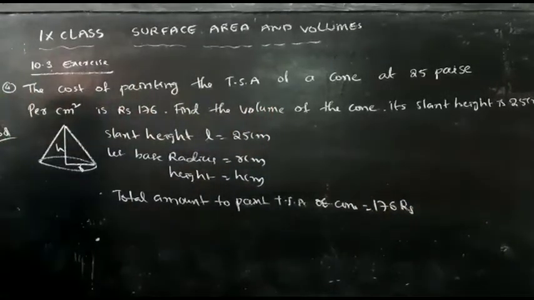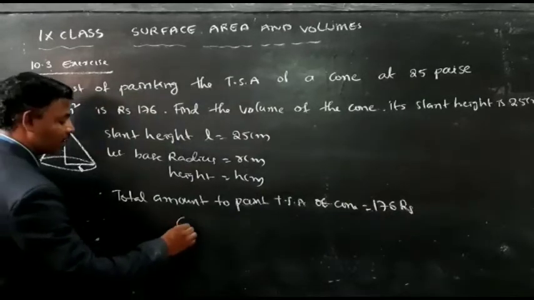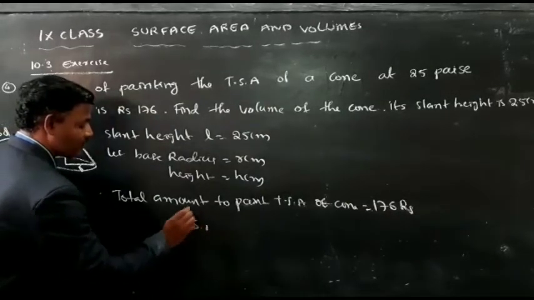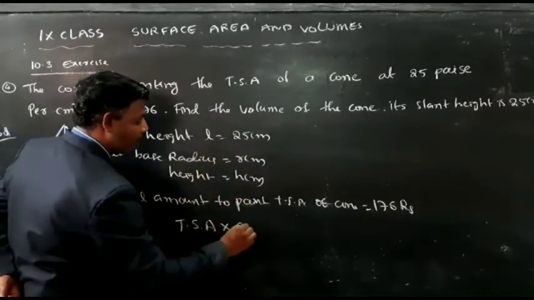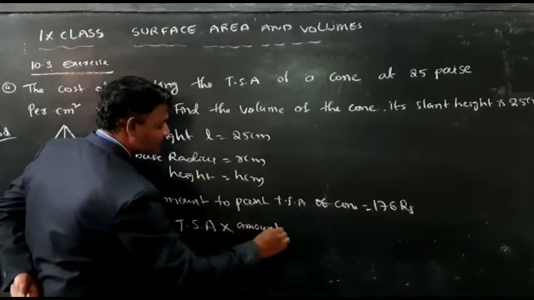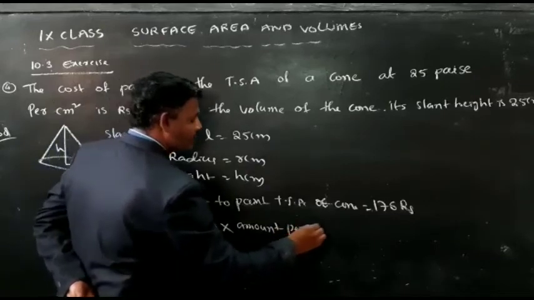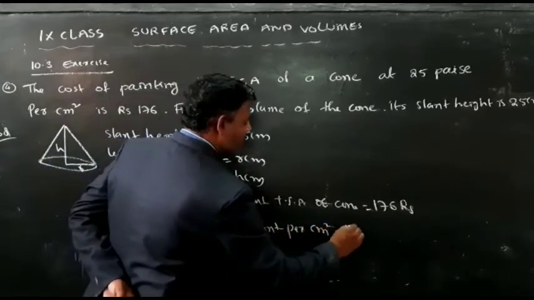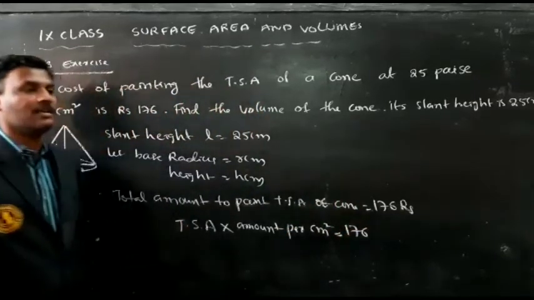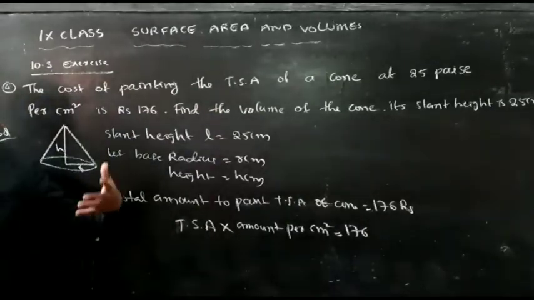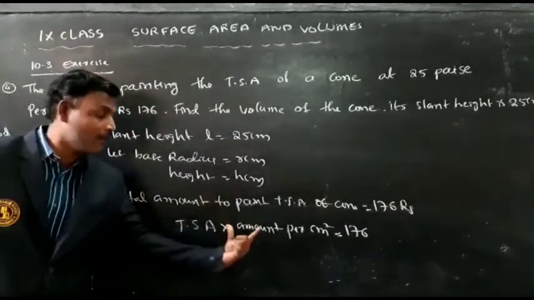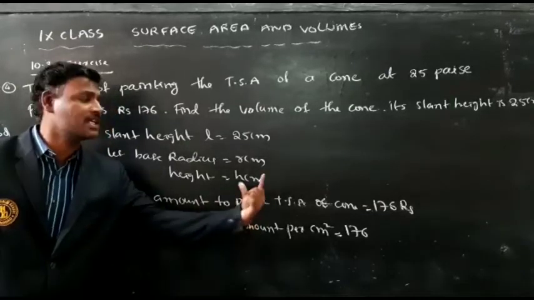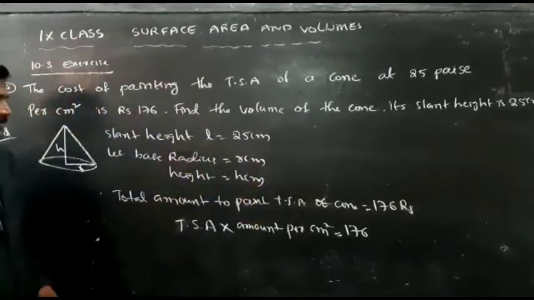The total amount is nothing but the total surface area of the cone into the amount per centimeter square, which is equal to 176. The amount should be calculated on the total surface area.